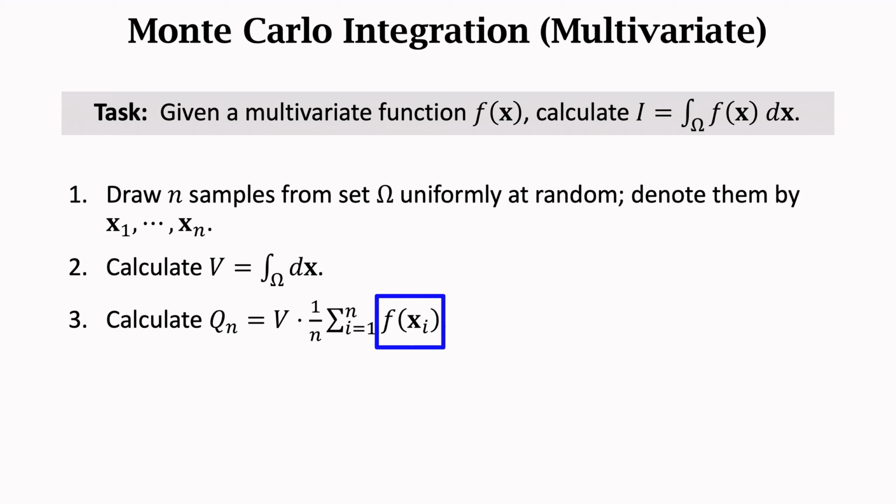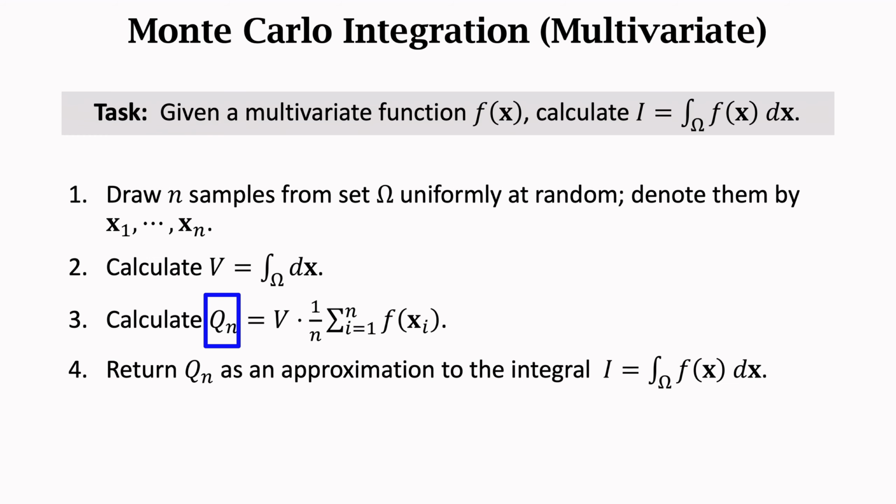Thirdly, evaluate the function for all x sub i, and then take the average. Then, scale the average by the volume V. Denote the outcome by Q sub n. Finally, return Q sub n as an approximation to the integral I.